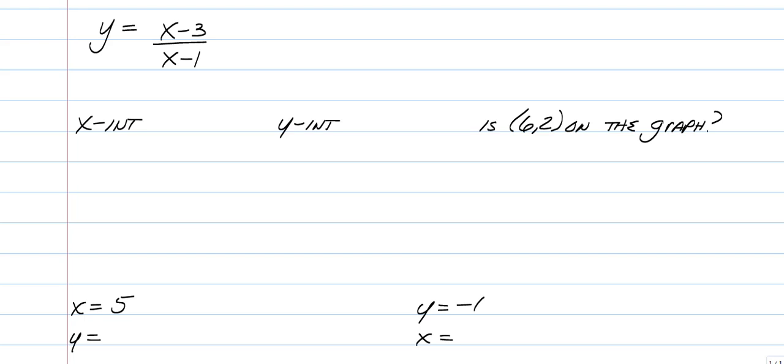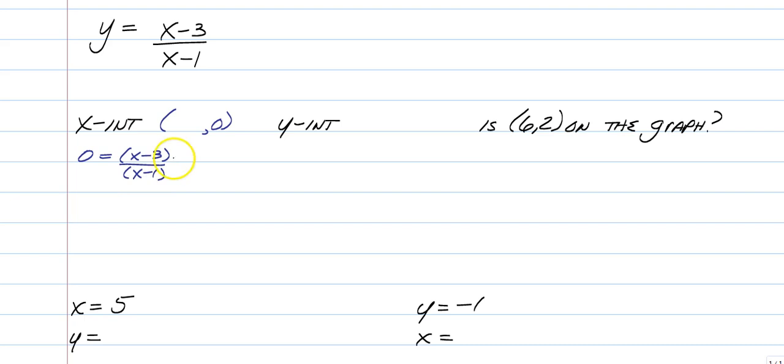To find your x-intercept, remember it is some number, comma, 0. So all we're going to do is plug 0 into y and solve for x. So 0 is equal to, and if it helps you to use parentheses, do it, (x minus 3) over (x minus 1).